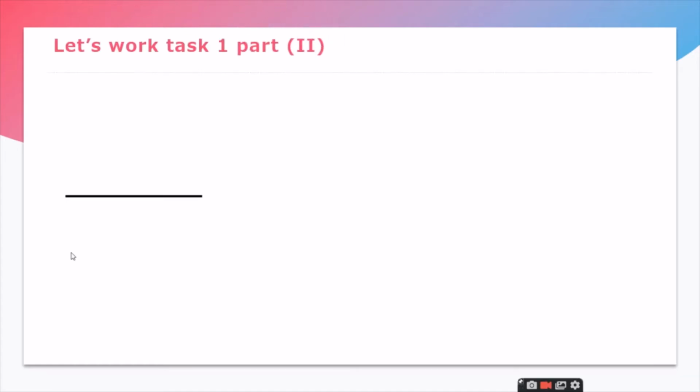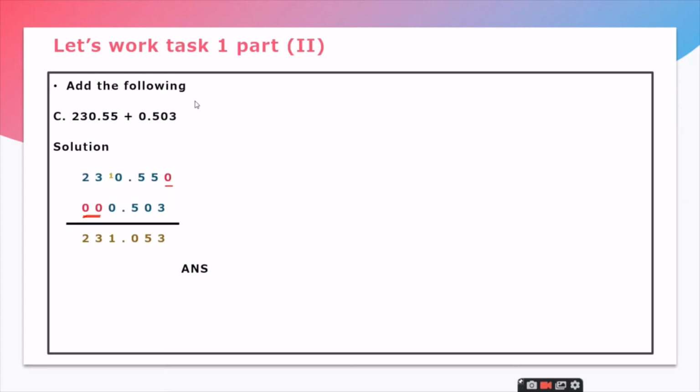Now let's do part 1, which is 457.74 minus 5.2002. First step. Okay, we can do the last step by checking whether our answer is right or wrong.